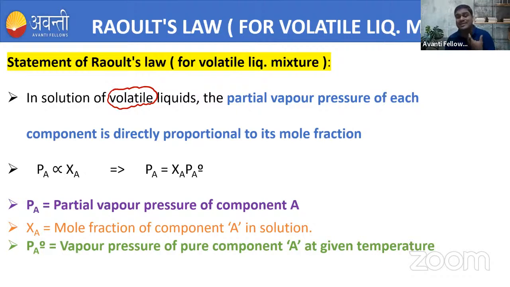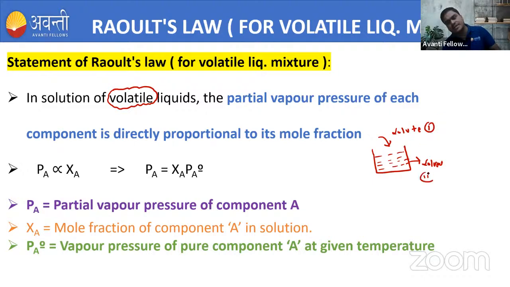In the case of volatile liquids, the vapor pressure of each component is directly proportional to its mole fraction. Let us assume we have a 2 component solution. This is component number 1, the solvent, and let us assume this is the solute, component number 2.